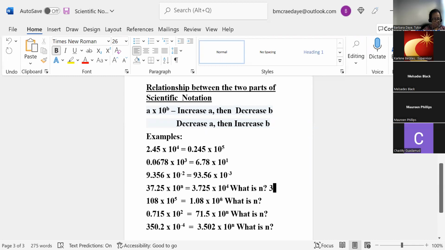What does this n be? 7. Because your power goes up, number goes down. 2 places, I moved it. So my power then goes up by 2, 7.